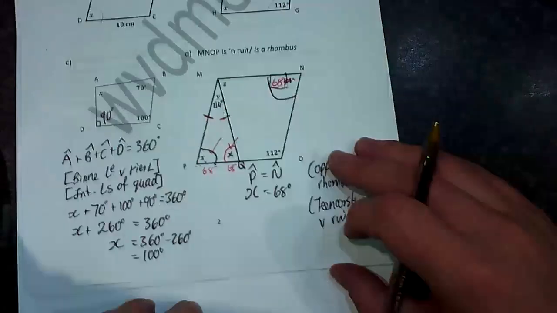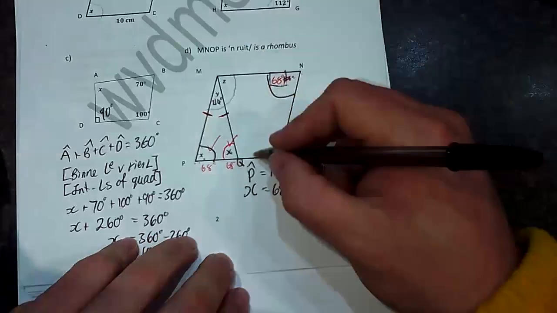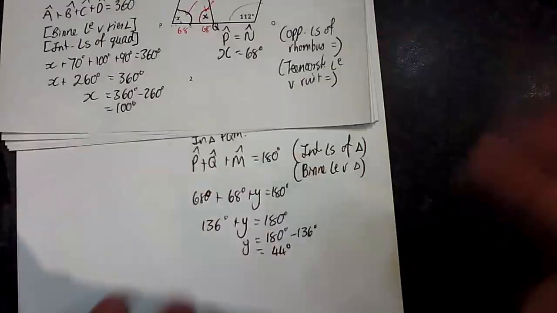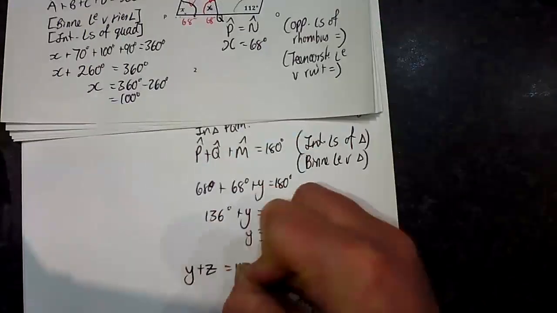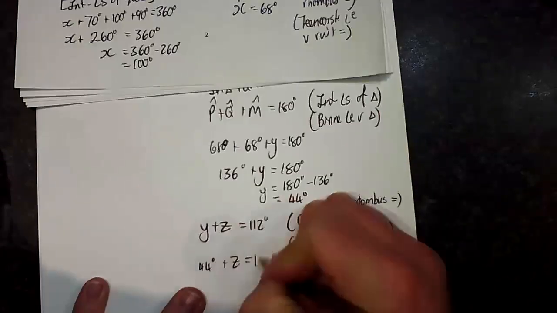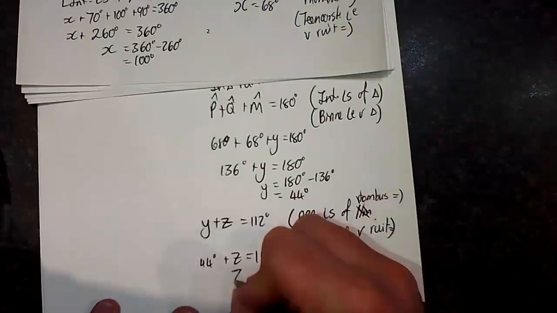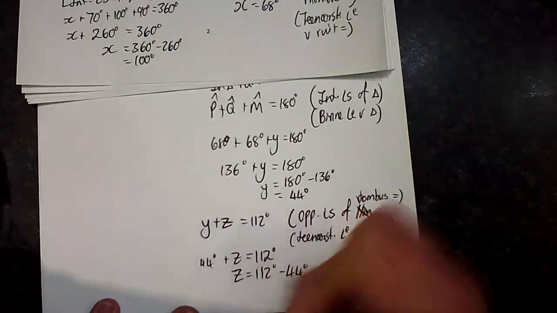Okay, but what do we know about y and z all together? They must be equal to 112 degrees. Okay, so y plus z must equal 112 degrees. So z is 112 degrees minus 44 degrees.